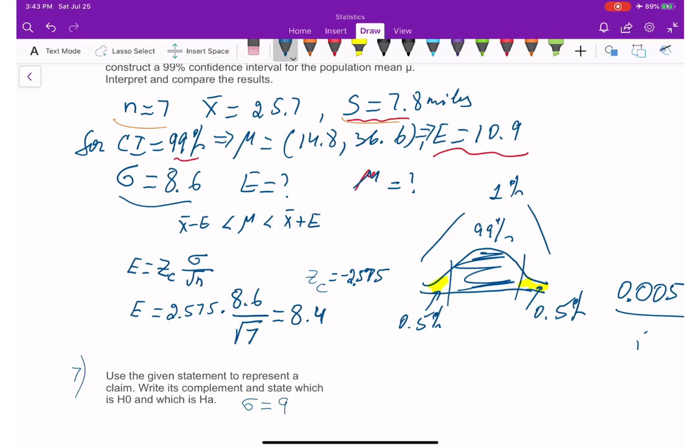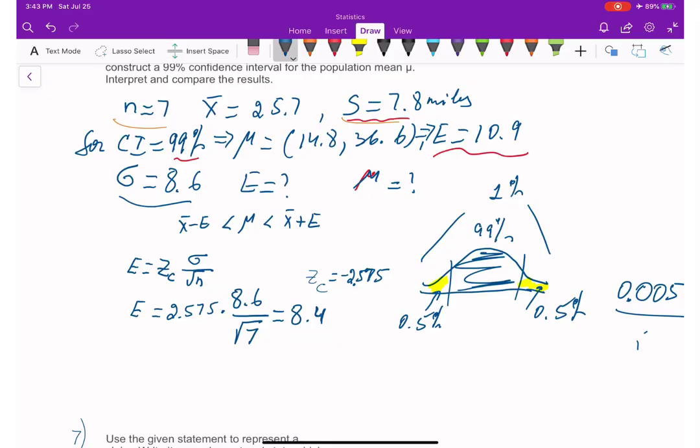And then from here, what we are going to do, we are doing x bar minus error, and then x bar plus error, right?